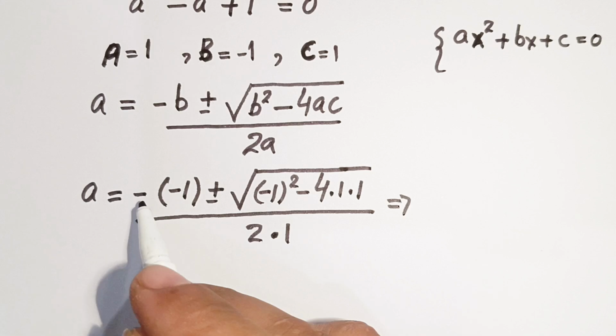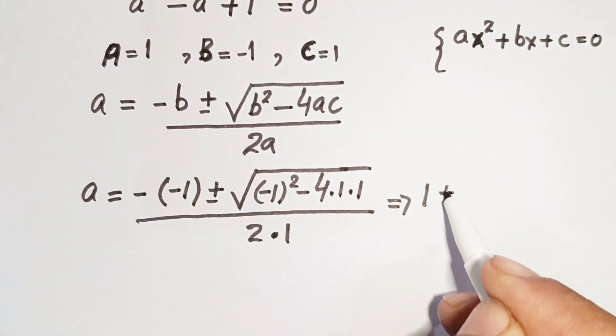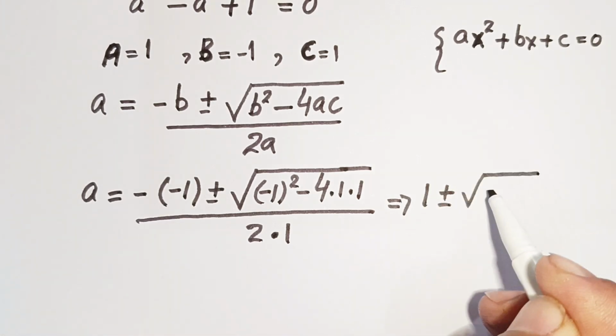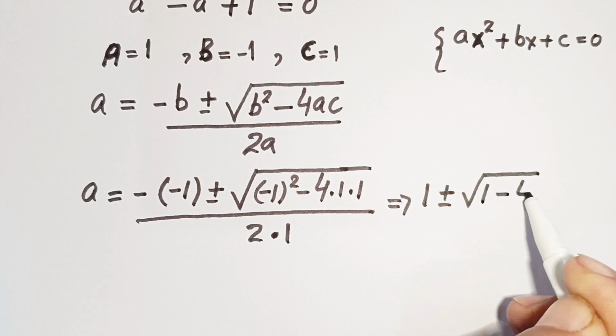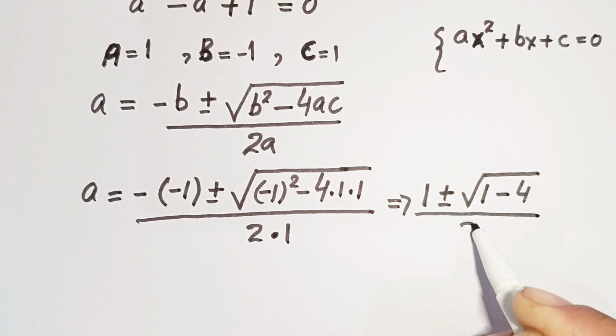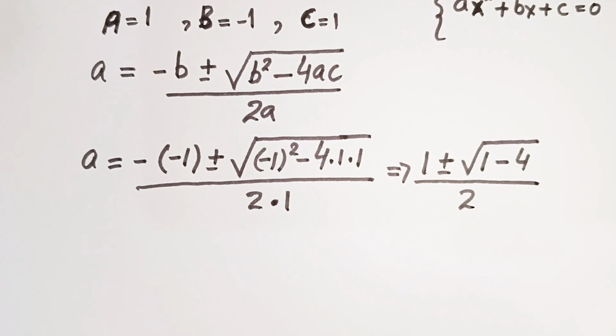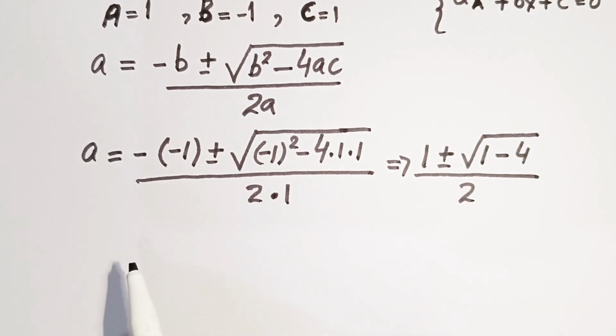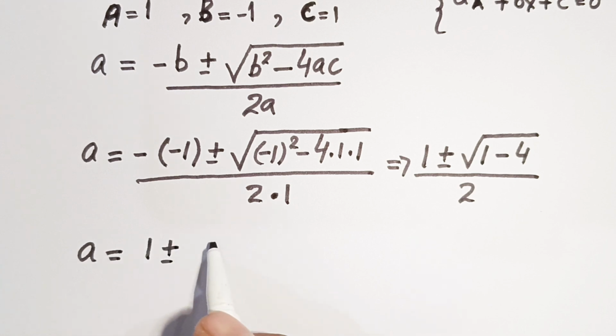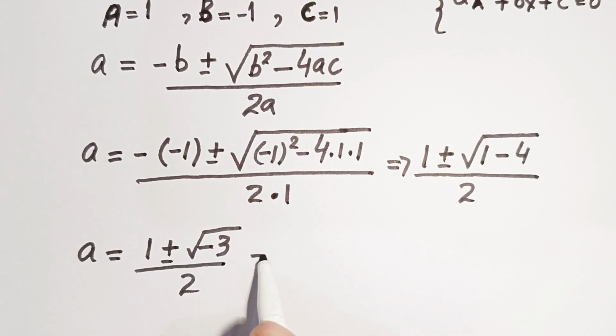Now minus times minus is plus, so 1 plus minus square root of minus 1 squared is 1, and 4 times 1 is 4, all over 2. So a is equal to 1 plus minus square root of 1 minus 4, which is minus 3, all over 2.